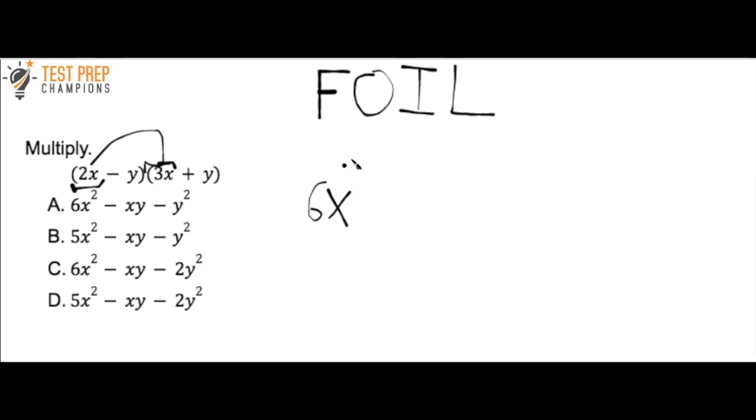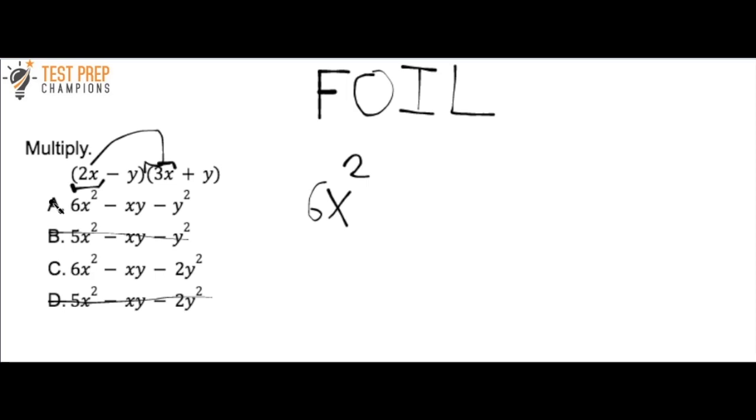So as you'll see here, just by knowing that, we can already eliminate B and D, because we already figured out that the first term is going to be 6x squared. So if you're in a testing situation and really pressed for time, and you got stuck or had to guess on this question, just by doing the first step, you'd already be down to a 50-50. It's either A or C.